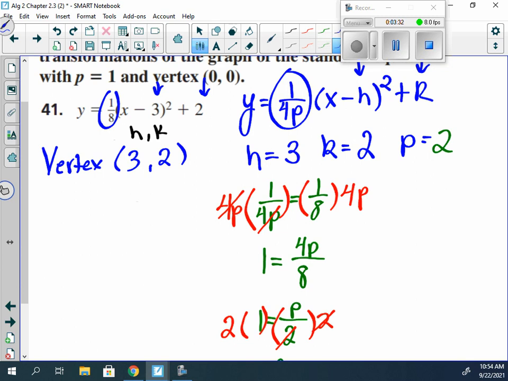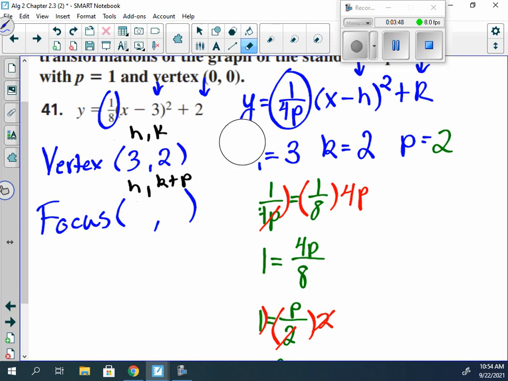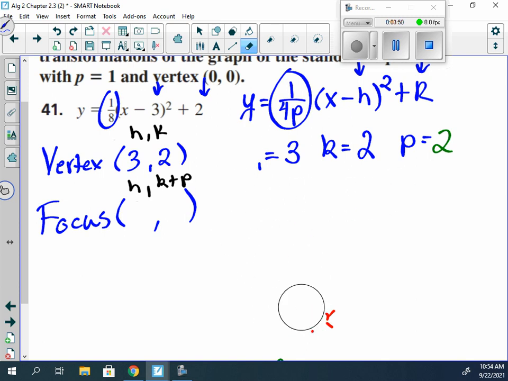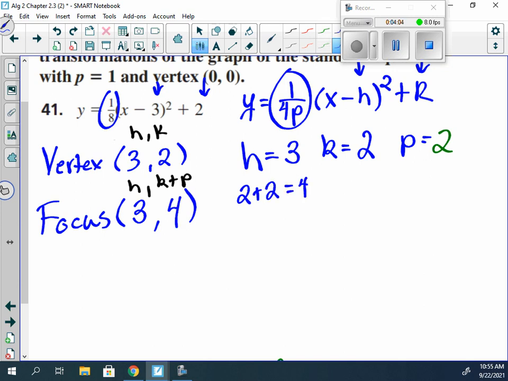Now the focus is going to be the point h, comma, k plus p. Well, h is just 3. Now, k plus p would be 2 plus 2, which is 4.